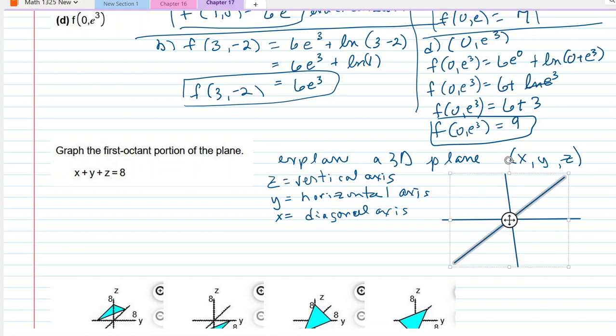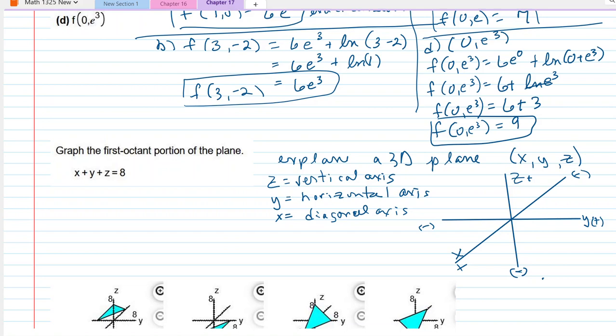So this is my Z line, this is my Y line, and this is my X. It's positive to negative, and positive to negative, and positive to negative.